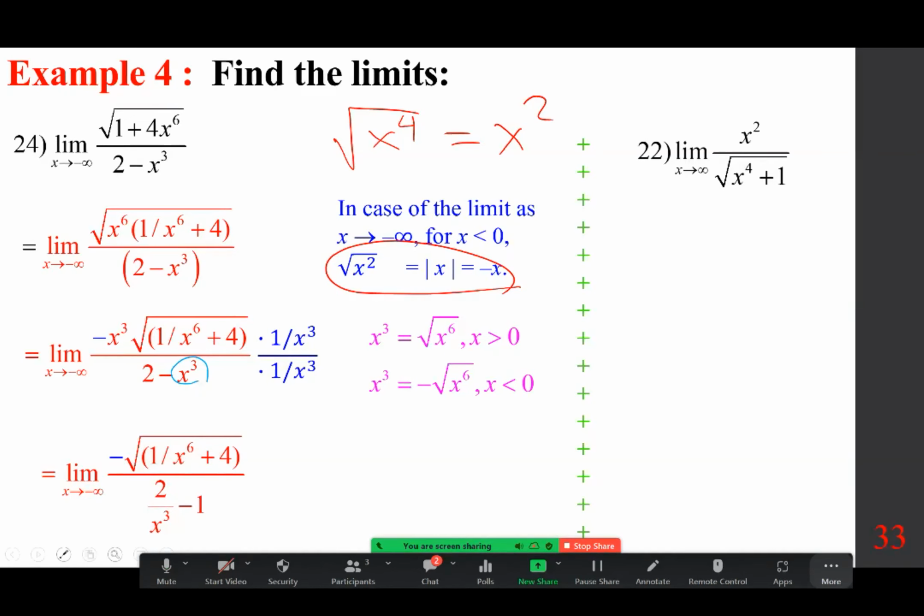You get 4. So under the radical, you get -0 plus 4. This goes to 0. So the numerator is -2. The denominator is -1. The answer is 2.